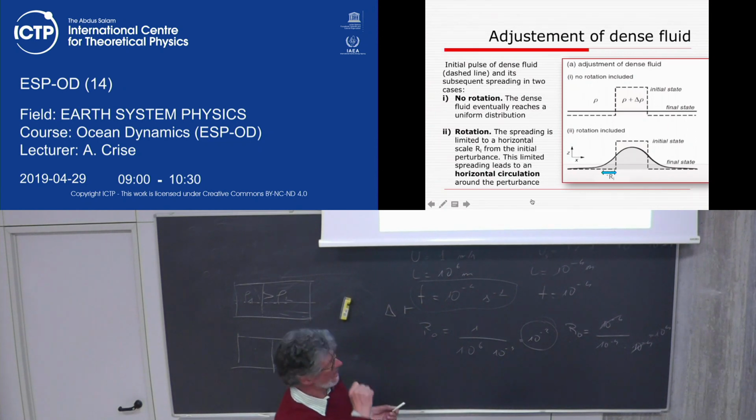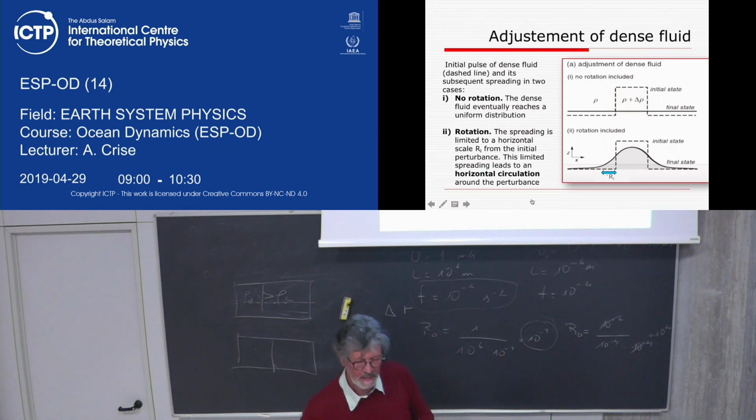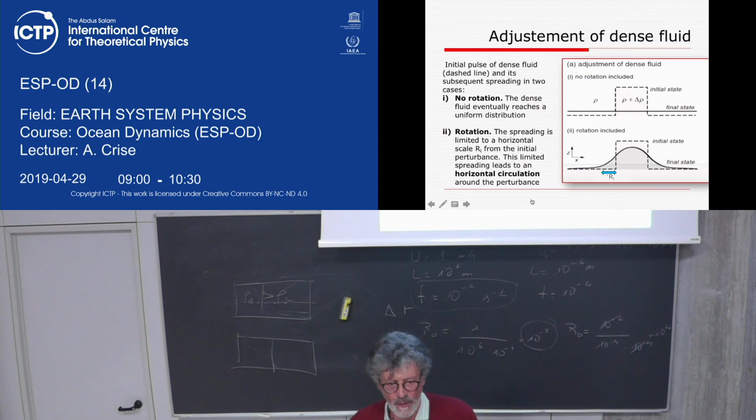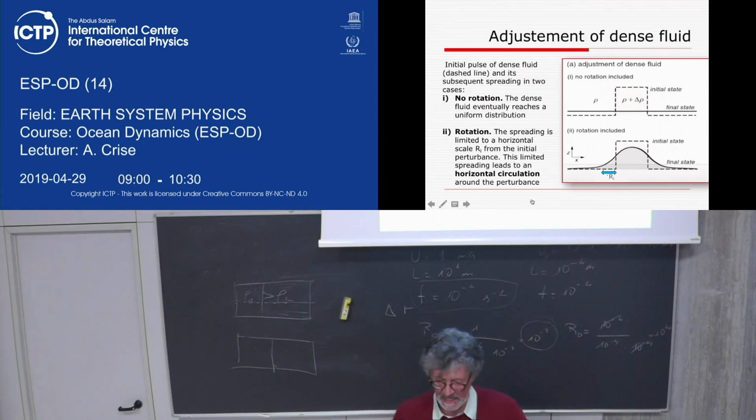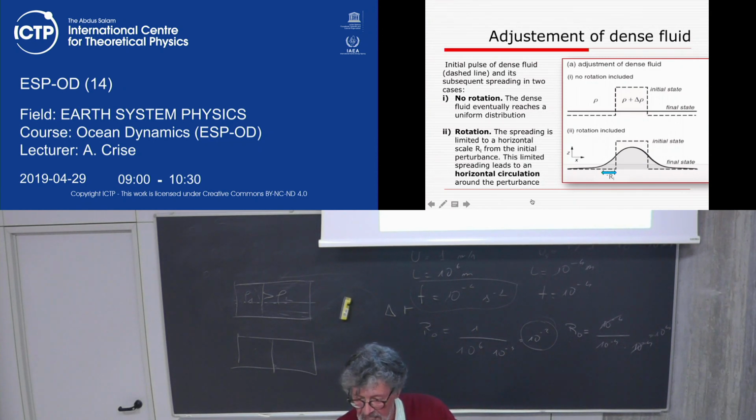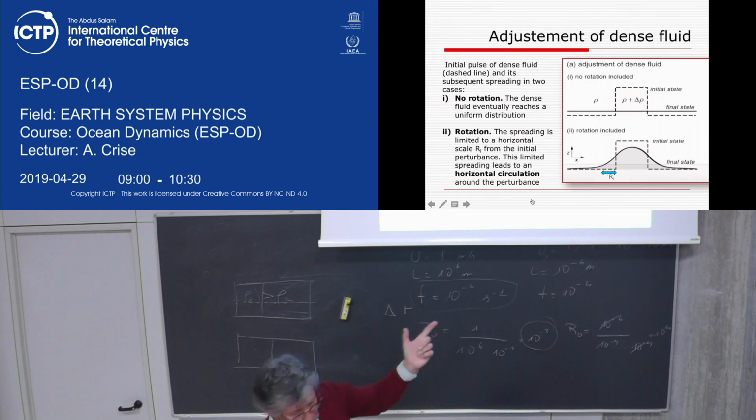And to me, it's quite impressive to understand that it's not by chance that you have this structure, because only with rotation can you have eddies created in this way and shaped with this scale.